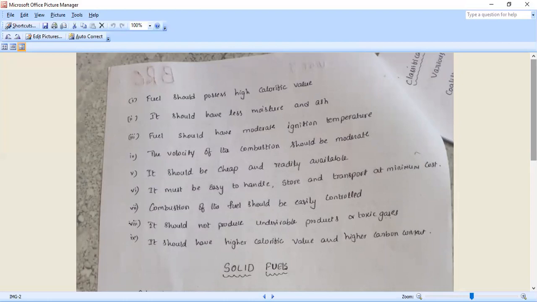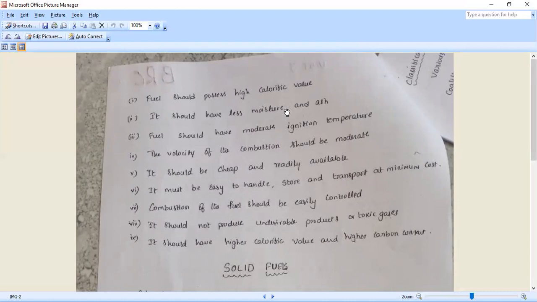So here the fuel should possess a higher calorific value. So that means a good fuel should possess high calorific value, which results in the liberation of a large amount of heat for 1 unit mass or volume of the fuel. Next, it should have less moisture and ash content.